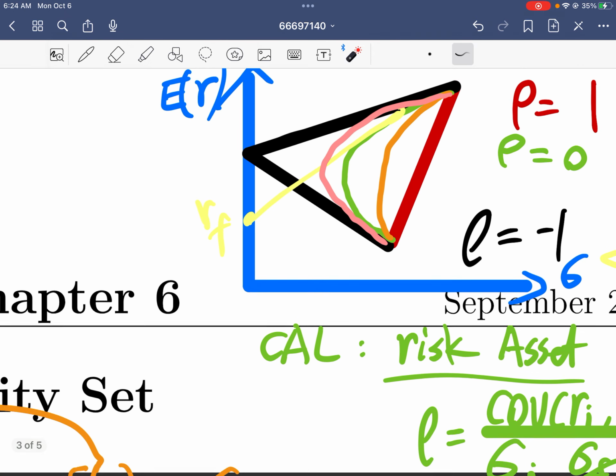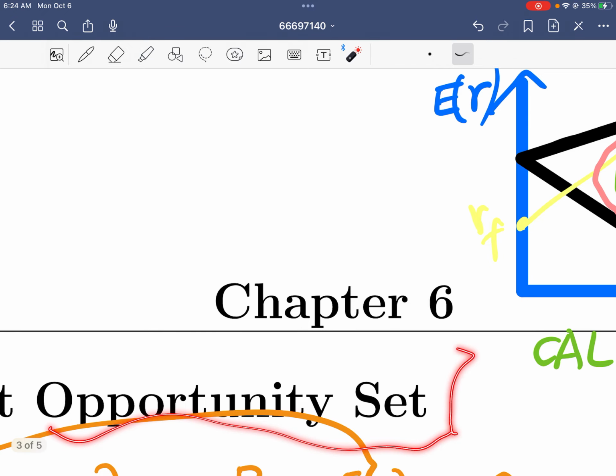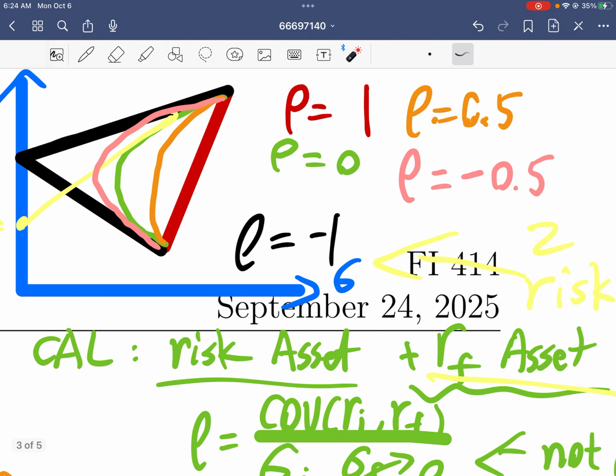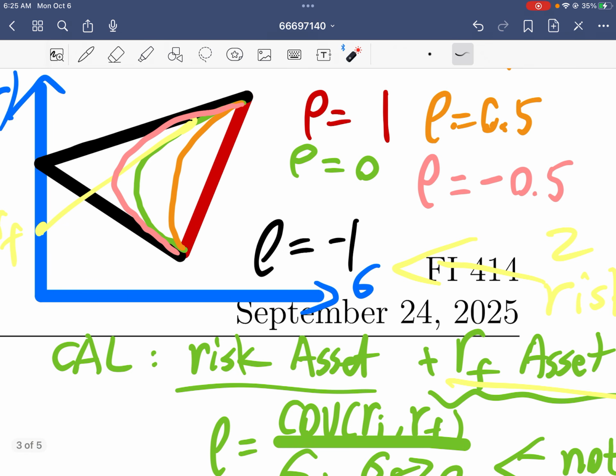We call it the capital allocation line there. For the opportunity set we talk about here, we only include two risky assets, not the risk-free asset, because we don't know the correlation between risky asset and risk-free asset.